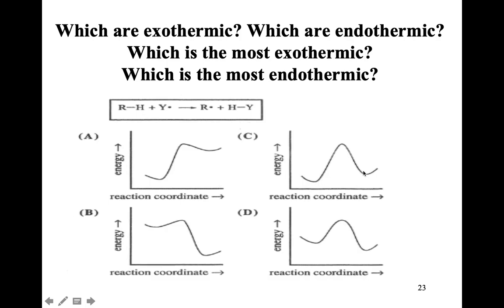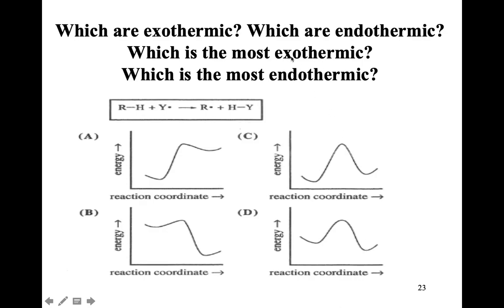So this one, energy in. This one still has a big hump, but look at the ends. Front, reactants, products, downhill. That one is exo. So now we have this one, energy in, endo, energy out, exo. Energy in, endo, energy out, exo.